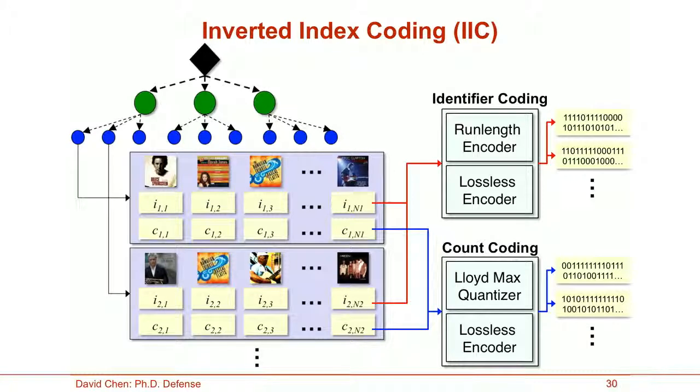In the second step, we encode the corresponding counts by performing a Lloyd-Max quantization and losslessly encoding the quantization indices. Although inverted index coding is similar in spirit to tree histogram coding, the quantities being encoded and their statistics are quite different.